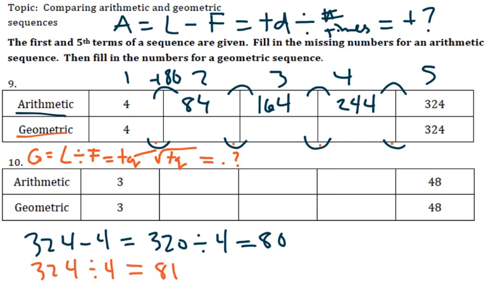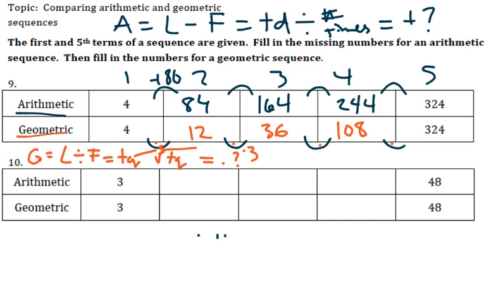Then we take 1, 2, 3, 4, the fourth root of 81, which would give us 3 when we type it into our calculator. So you'll need your calculator. So we're multiplying them by 3 each time. So that'd be 12, 36, 108, and 324.